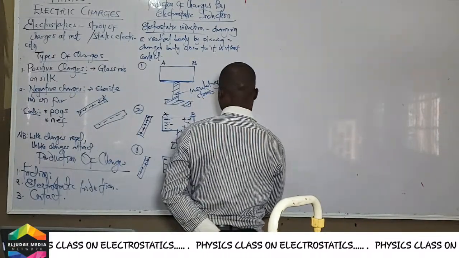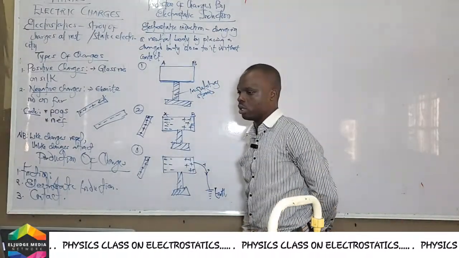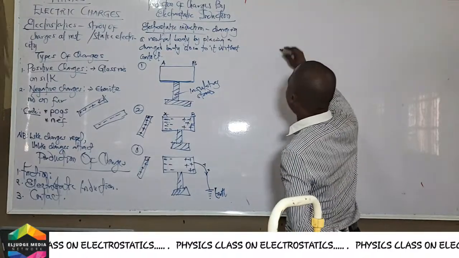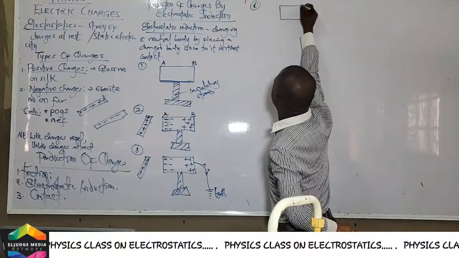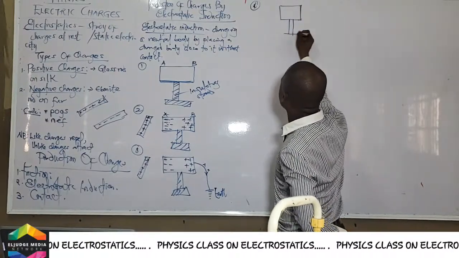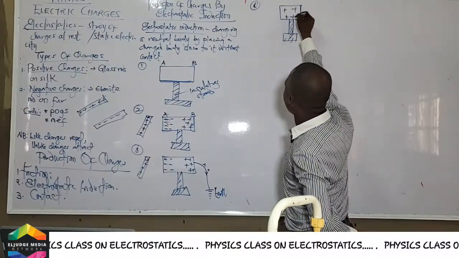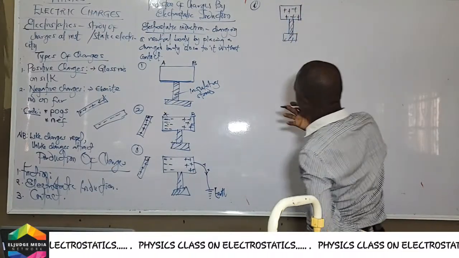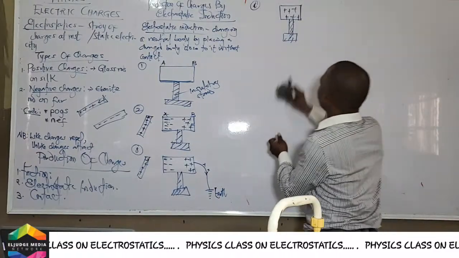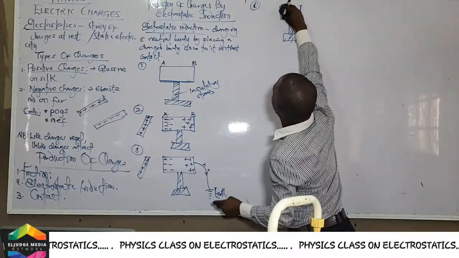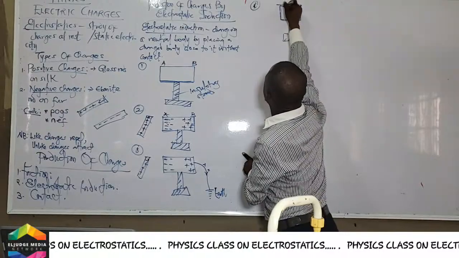This is the earth. And only the negative charges will be left. By the time you remove, in step 4, this charged body, what you'll be left with is only the negative charges in this system, because the positive have moved down.